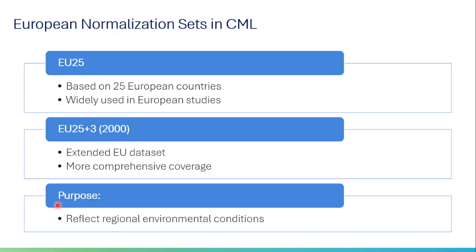For example, if you want to do a life cycle assessment in one country in Europe, it is more preferable to use CML in comparison with ReCiPe in the global. And the interpretation of the results for policy making and regional sustainability analysis in this method is much easier for a specific area in Europe.